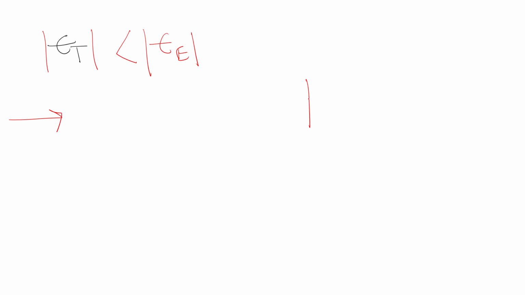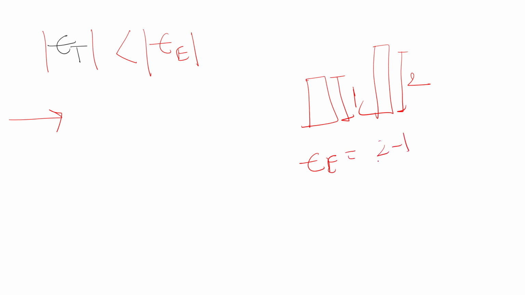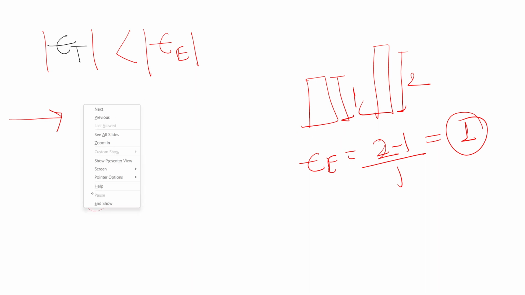If a length is, for example, 1, and now I have increased it to 2, so the engineering strain would be 2 minus 1 upon 1, which will be 1, right?